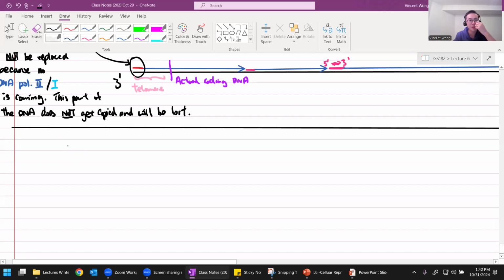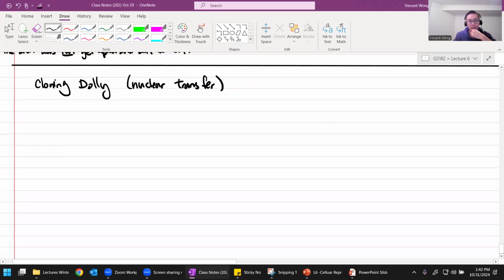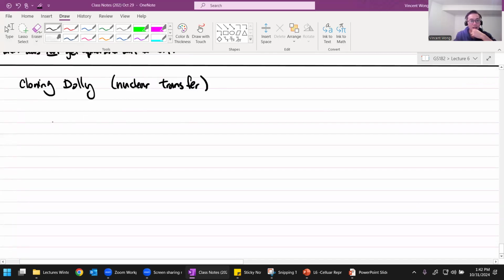Okay, so here we go. Cloning Dolly. It's called nuclear transfer. Let's start with one sheep. Draw your best sheep.